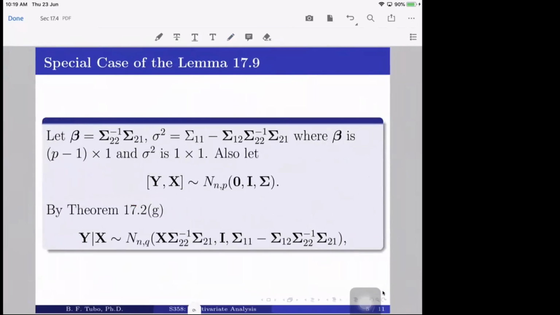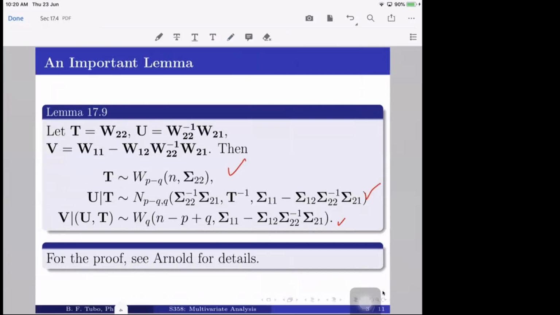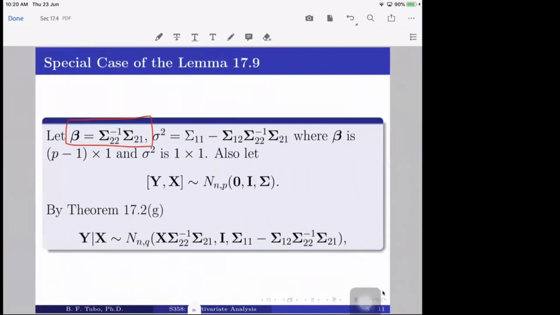So equivalent to your linear models, the beta can be expressed as sigma 22 inverse sigma 21. So your beta is your U. This is it, the component with respect to sigma. Okay?